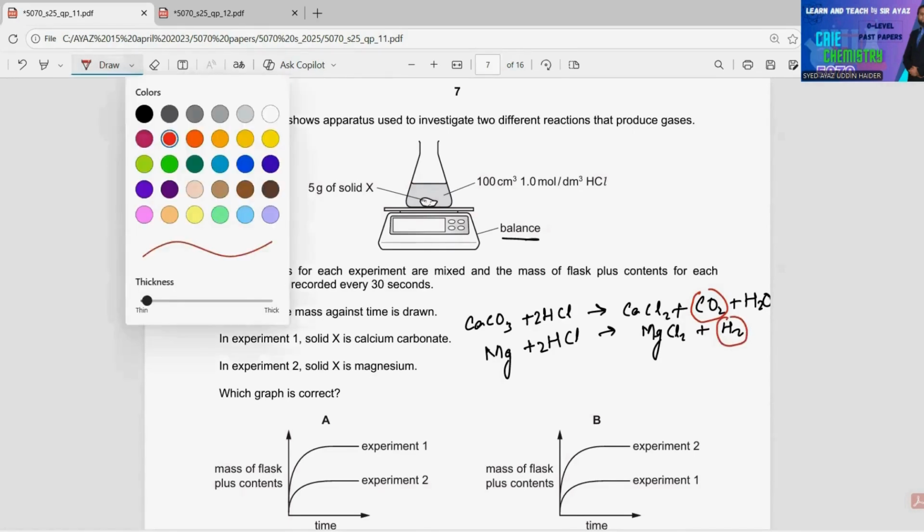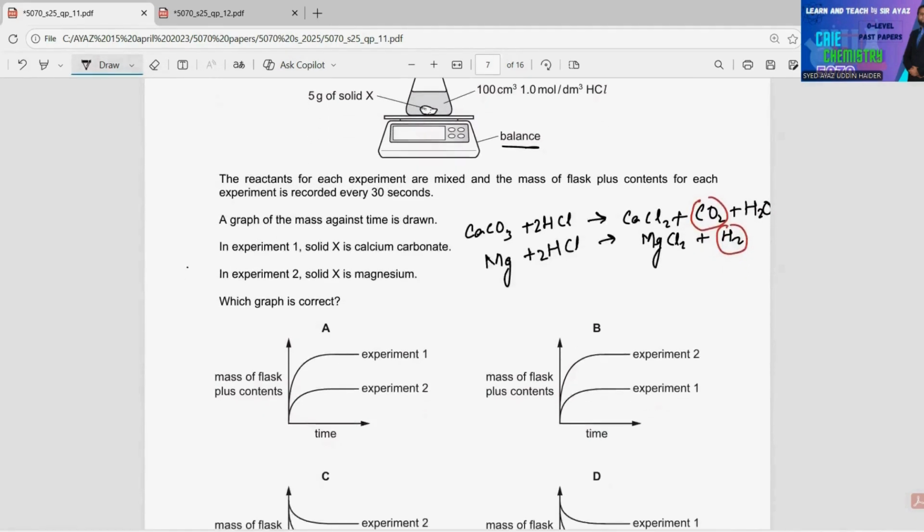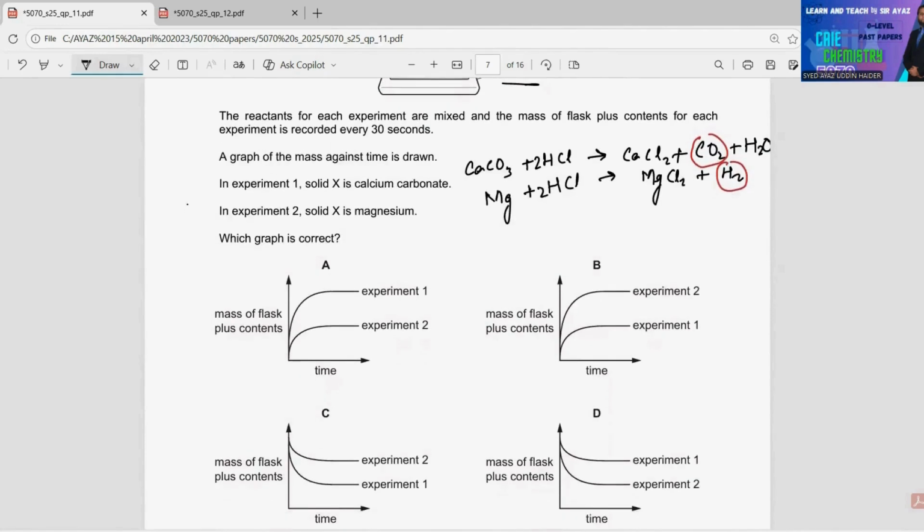This will also be released in the atmosphere. So the mass of the contents for experiment 2, that's the decrease in mass for experiment 2, must be less as compared to experiment 1.